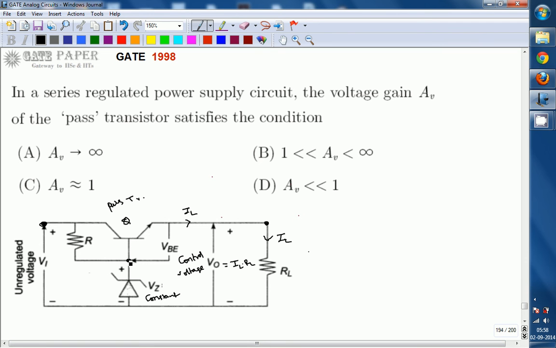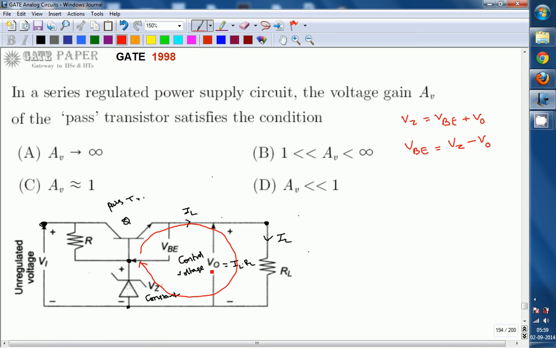If you apply KVL through this loop, consisting of three voltages VZ, VBE and V0, we can write VZ is equal to VBE plus V0, and VBE is equal to VZ minus V0.